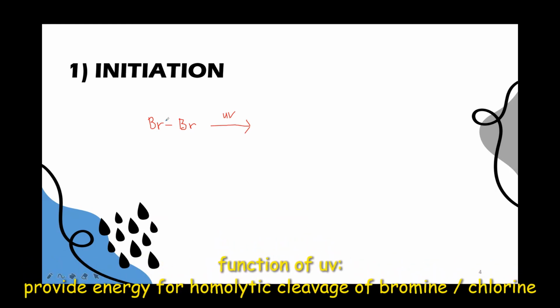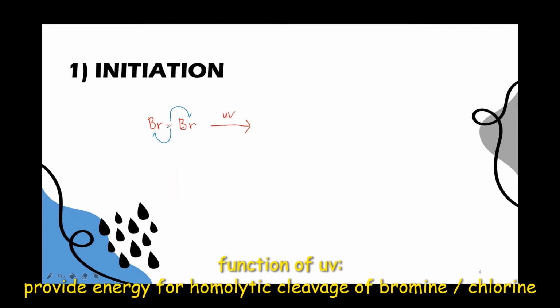The first one is the initiation step. This one involves the breaking of the bond of halogen molecules. For the first step, one electron will go to one Br atom and the other electron will go to the other Br atom.